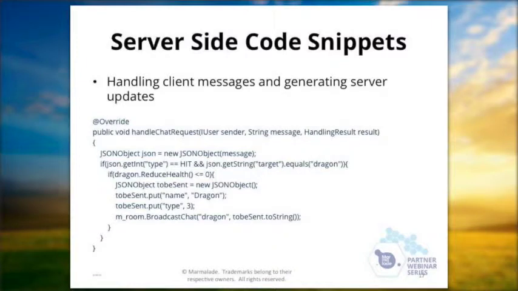So in the case the client is just sending its position update, on the server side we don't need to do anything and hence don't handle it. So the message is going to be delivered to all the other clients as is. If the dragon's health has fallen below zero, it's dead, we send a message to all the clients informing them of its demise so that they can remove it from their screen.